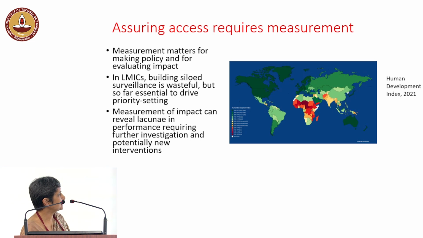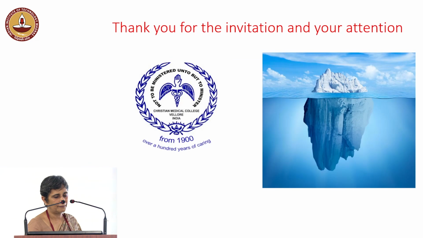But the problem is that in India, all surveillance is siloed. So getting access to that surveillance, having syndromic surveillance, what are all the causes of diarrhea? What are all the causes of fever? We don't have that information. And in order for us to be able to do a good job with either measuring burden of disease or measuring impact of infections, that's what we really need. So thank you very much.